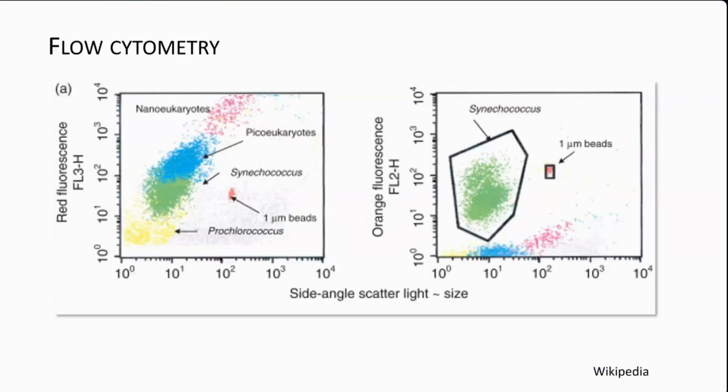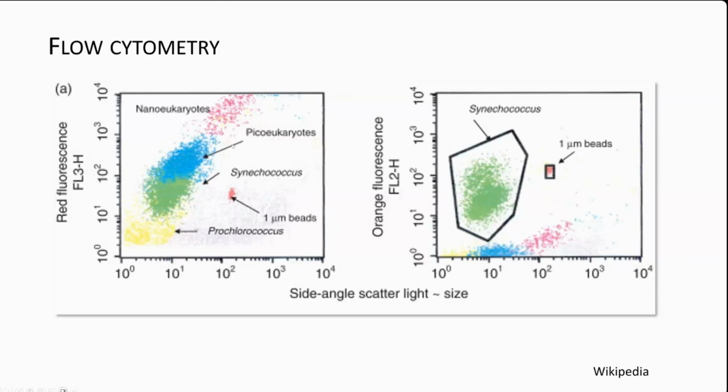On the left panel, which is very fuzzy, I'm just realizing, you can see the output of the side scatter on the x-axis, and red fluorescence on the y-axis. So what you can see here in theory is that the chlorophyll concentration, which is indicated here with the red fluorescence, is changing as a function of the side angle light scatter, which is pretty much the size.